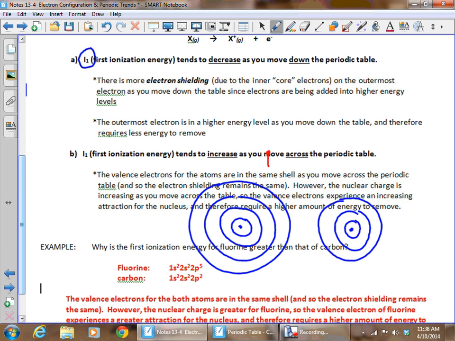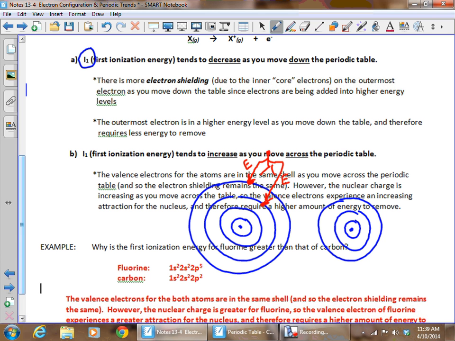I always imagined this little stick figure guy out here with some rope trying to lasso an electron from an energy level, and depending on which energy level it was in, it would require a different amount of energy rope to get the electron out. The higher the energy level of the electron, the less rope, the less energy it would require to remove it. If it was in a lower energy level, closer to the nucleus and attracted more strongly, it would require more energy rope, more energy to remove that electron. So we're always going to be talking about where that electron is energy-wise.